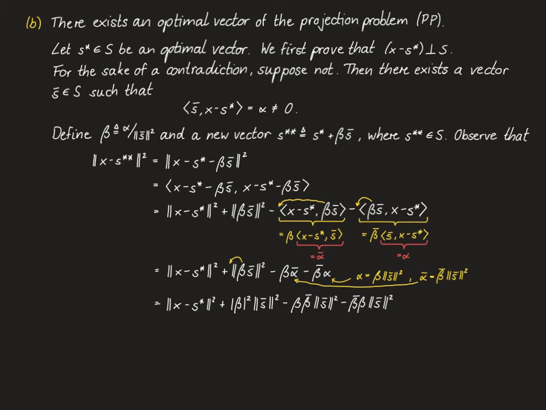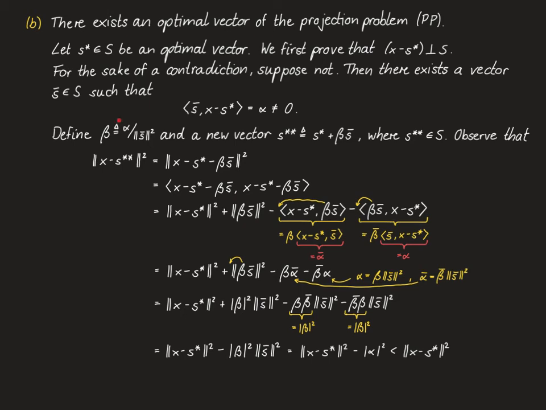But now we know that beta times beta bar and beta bar times beta equal the absolute value of beta squared. So we end up with the squared norm of x minus S star star being equal to the squared norm of x minus S star minus the absolute value of beta squared times the squared norm of S bar.